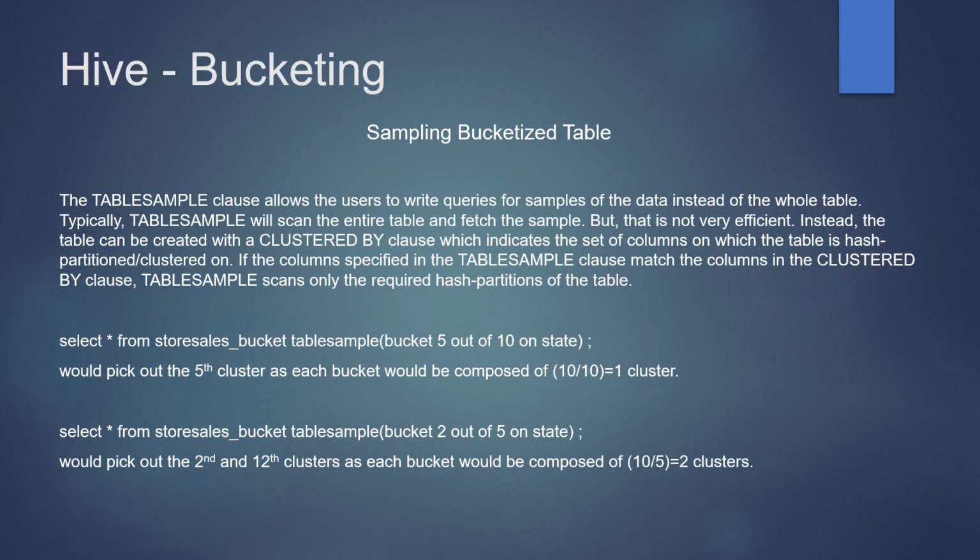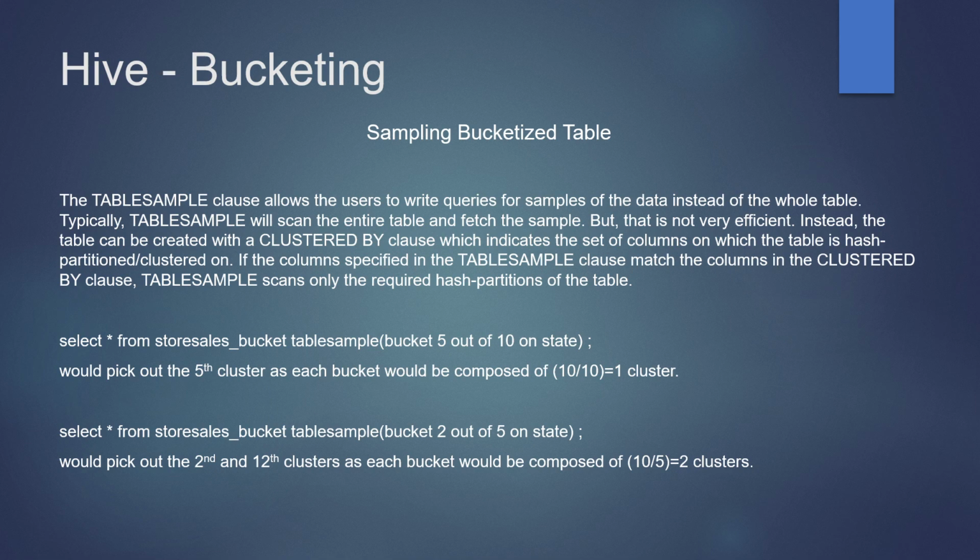Instead, we could create a clustered by clause which indicates the set of columns on which the table is hash partitioned or clustered. If the column specified in the table sample clause matches the column in the clustered by clause, table sample scans only the required hash partitions of the table.